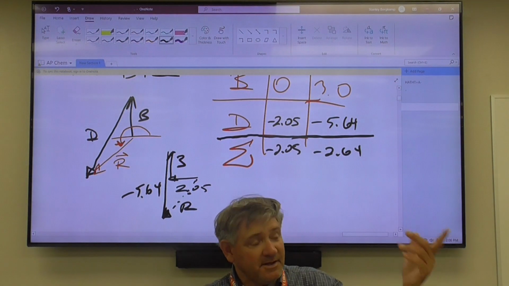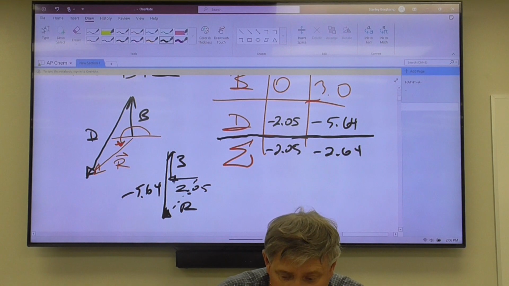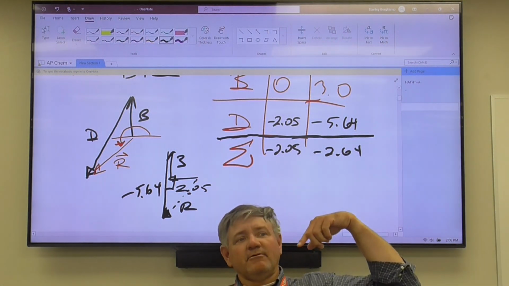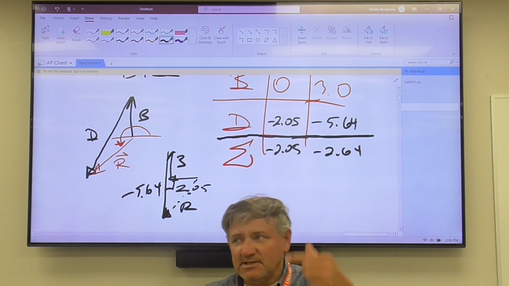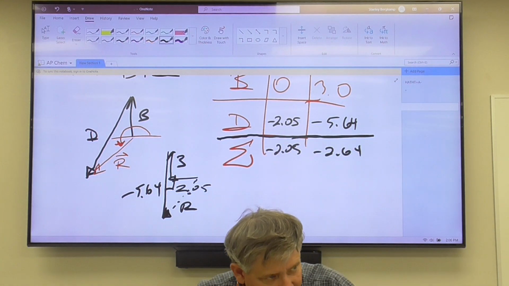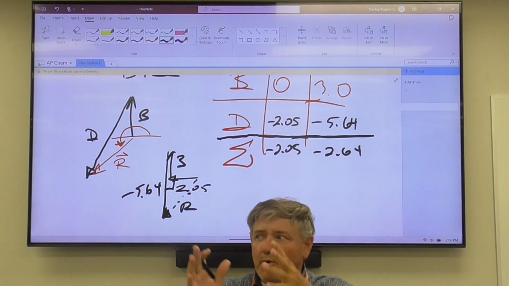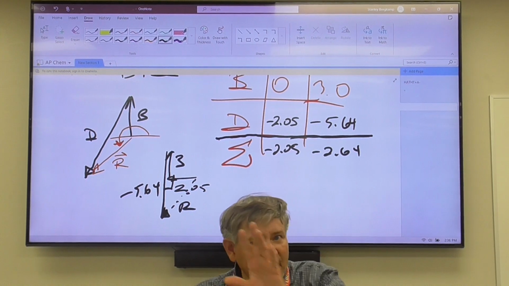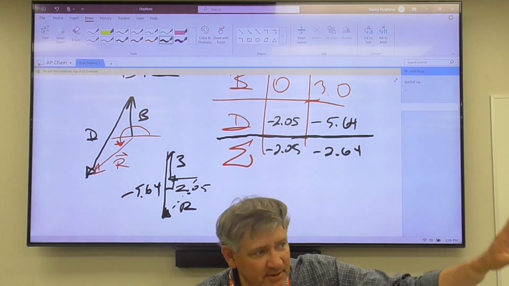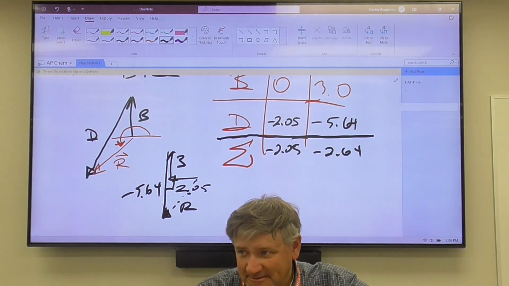Now, here's the beauty of this. Now I've got a right angle. Now I can use tangent. Now I can use the Pythagorean theorem. That's the whole point of the story, so that I end up with a right triangle.